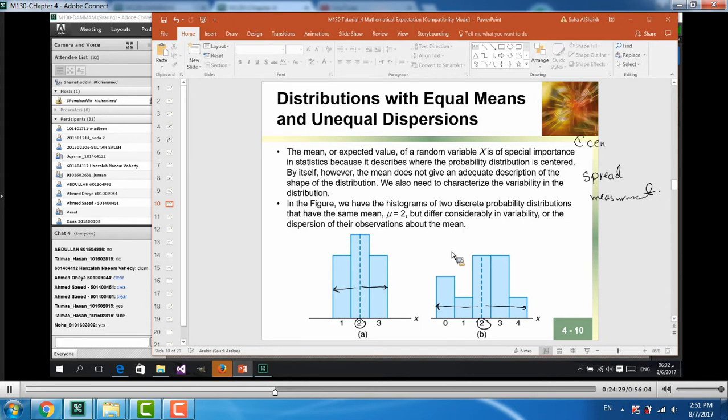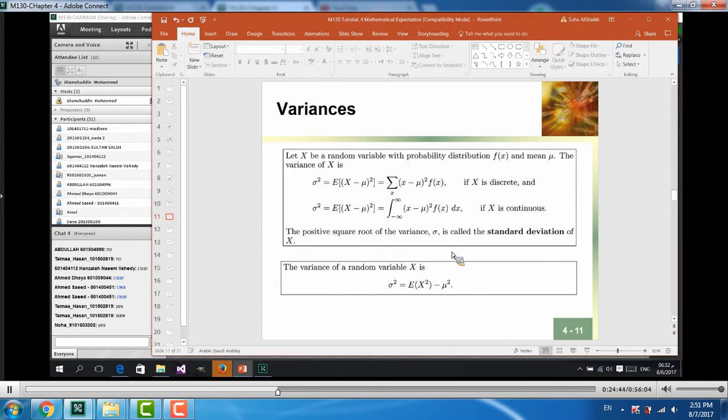Okay, this is what they are trying to tell you. It's important to know the center of the data, but it's also important to know some spread measurement to know how far I'm going to the right or to the left from the center of the data.